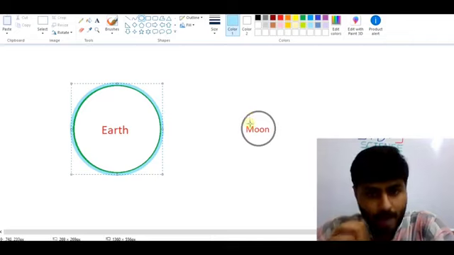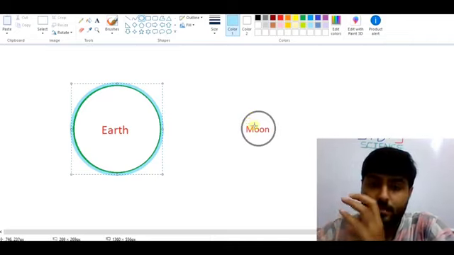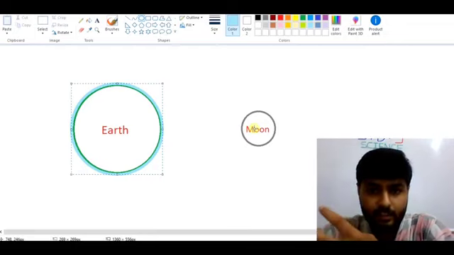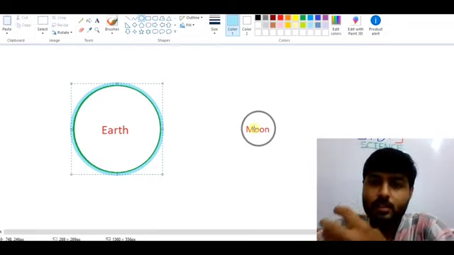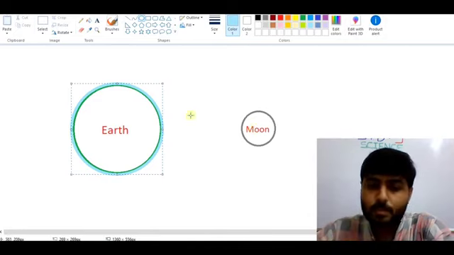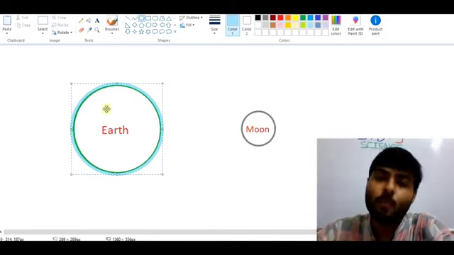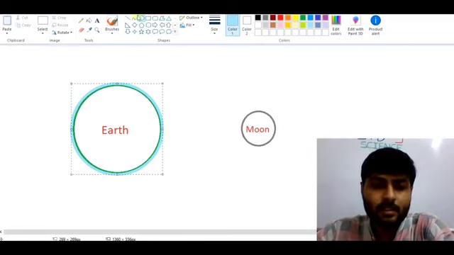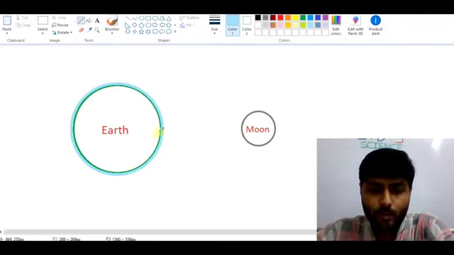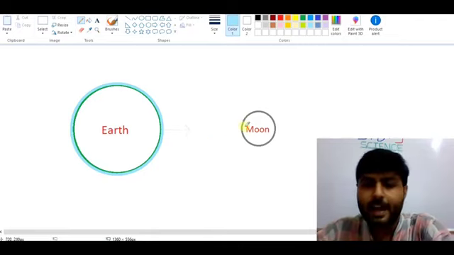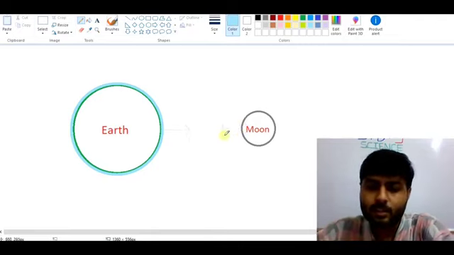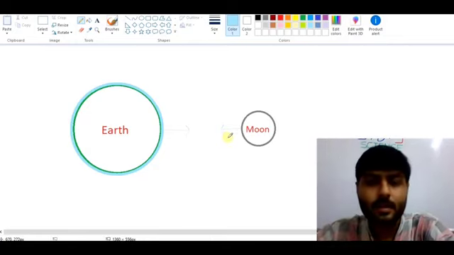Moon has some mass, which is comparatively large, so there is some gravitational force between earth and moon. That means earth tries to pull moon and moon tries to pull earth.